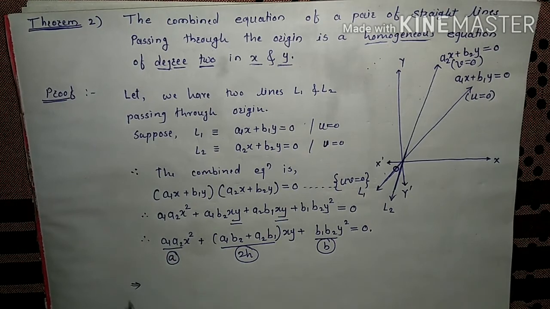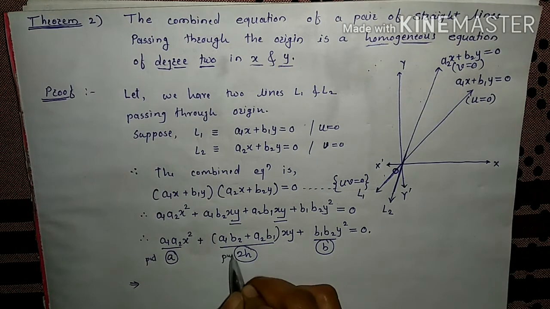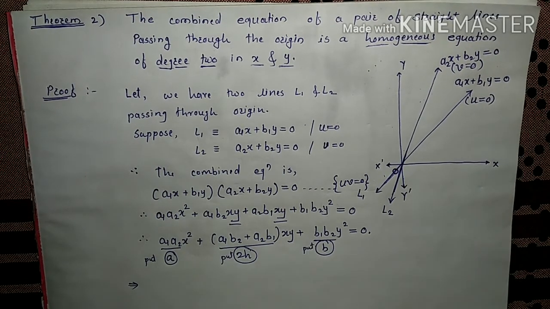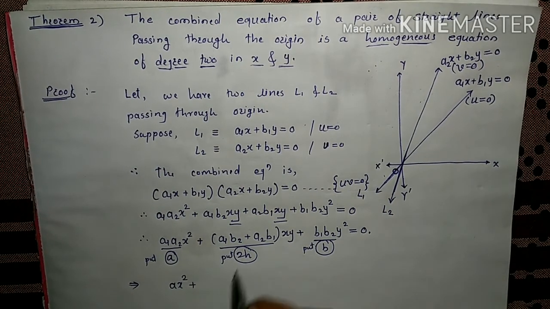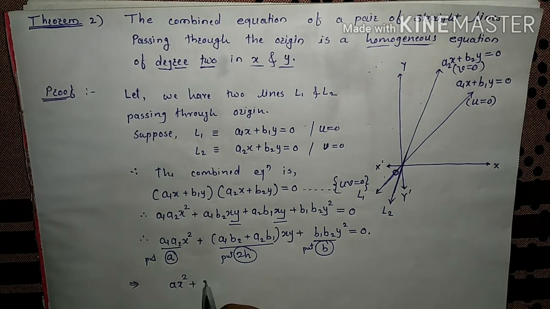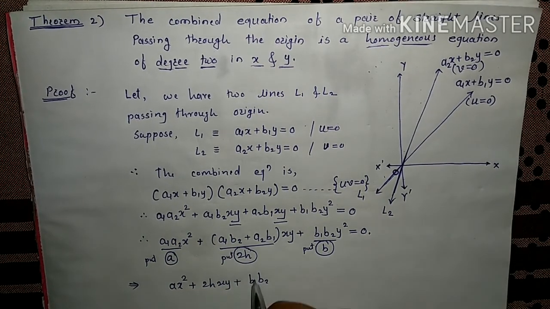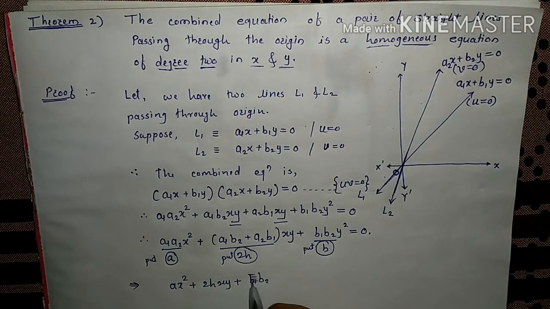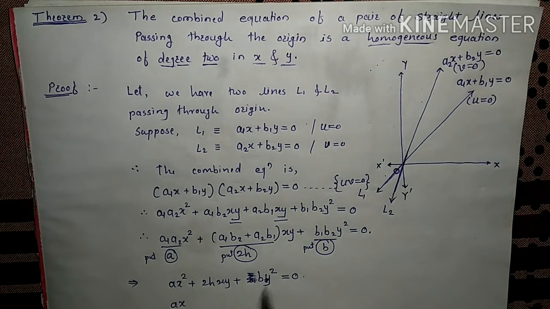So the final equation we'll get is ax square plus, instead of this bracket we are writing twice h xy, plus, instead of b1 b2 now we are writing just b, by square is equal to 0.